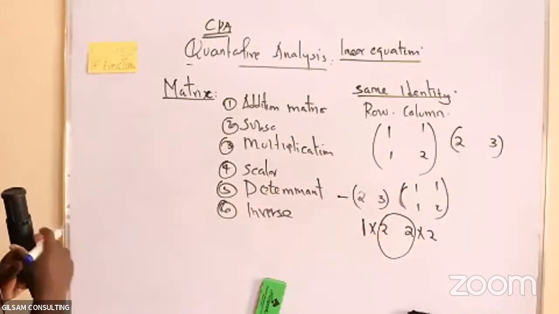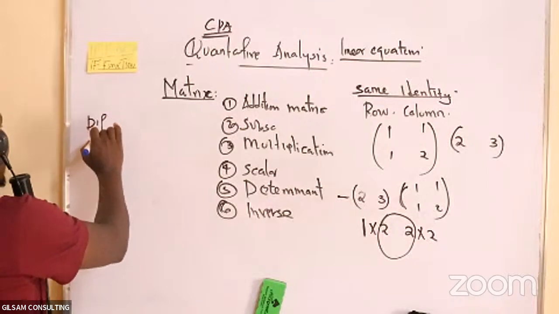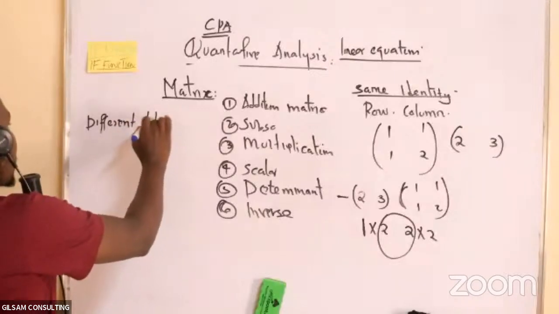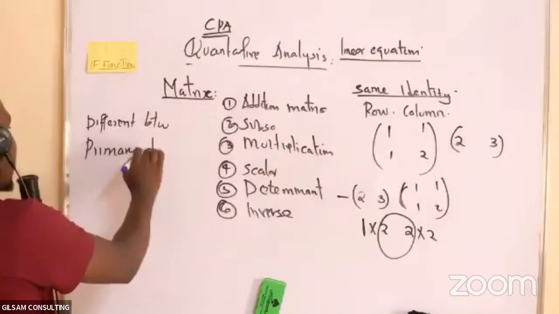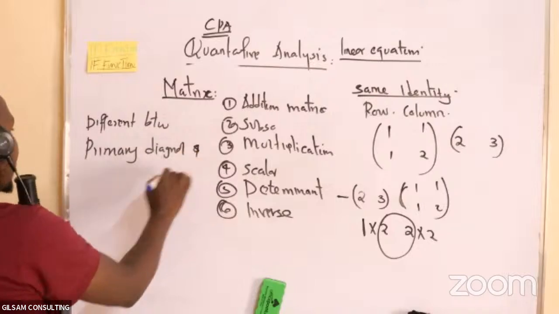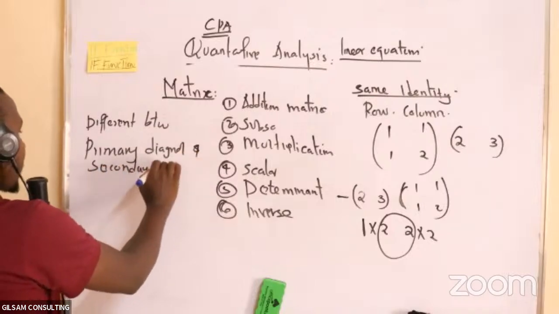When you say determinant, you are just getting the difference between the primary diagonal and the secondary diagonal.